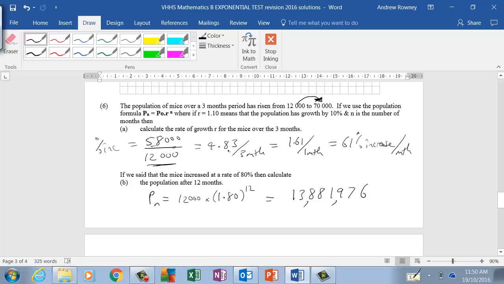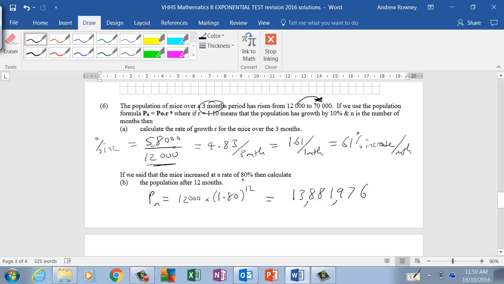Now that gives 4.83, but that was over the 3-month period. So it's 4.83 for 3 months. If you divide by 3, it's equivalent to 1.61 for 1 month. Now multiplying by 1.61 is the same as a 61% increase. So it's a 61% increase per month is the rate of growth.